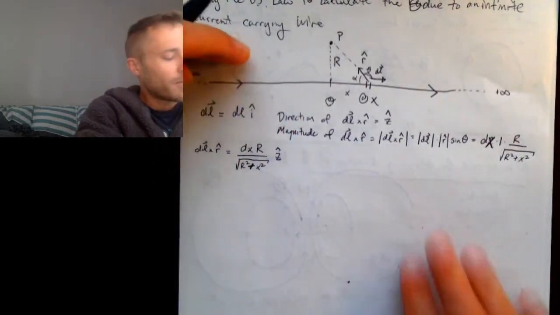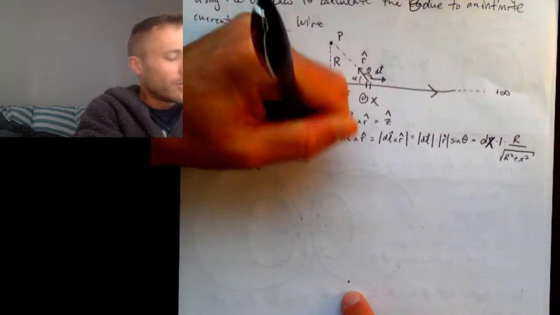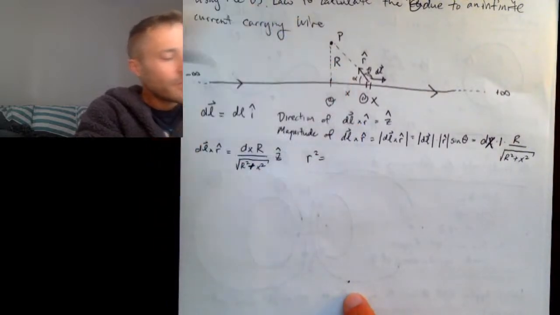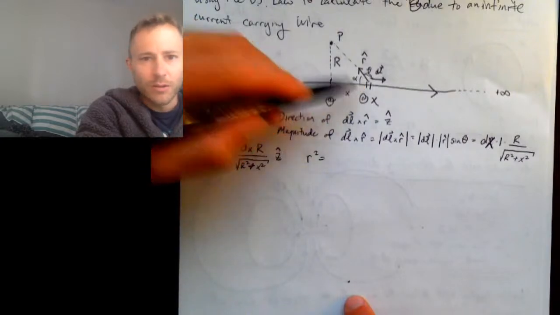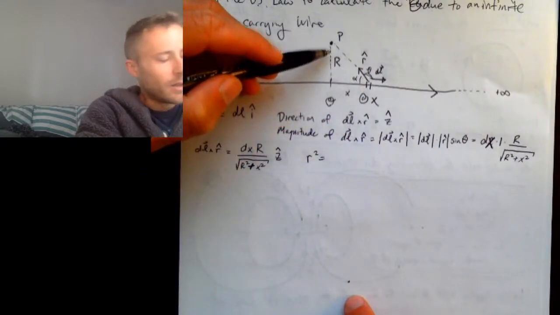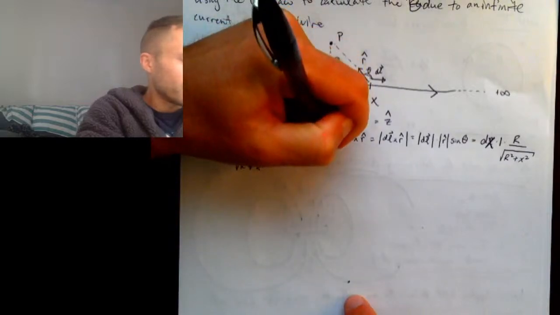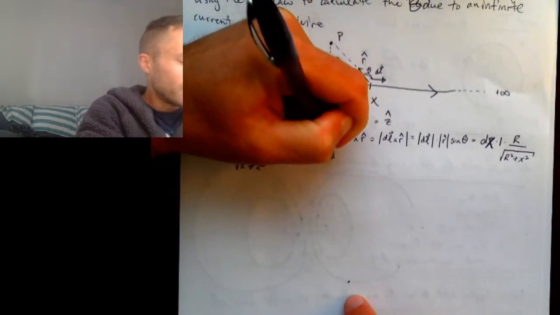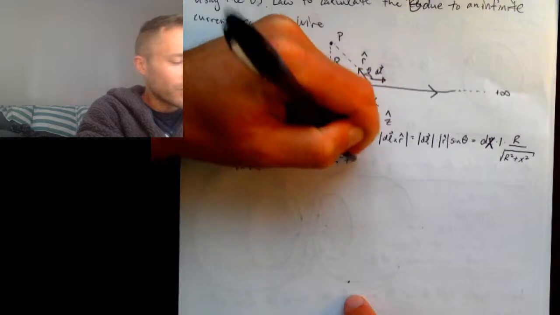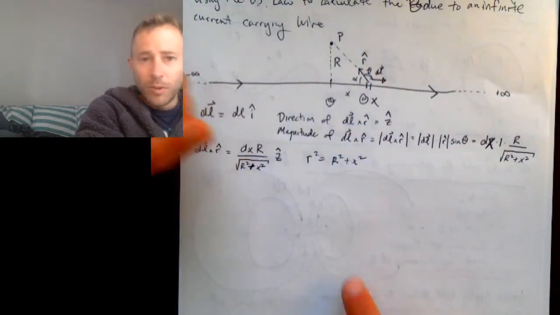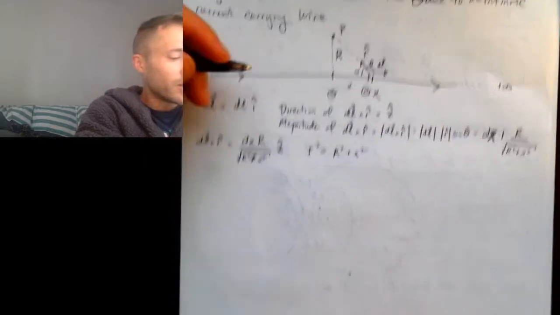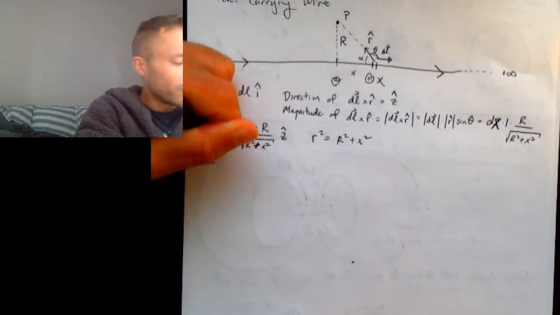So that's that part. Then we have little r squared, which is the distance from this little segment of wire to the point P. And again, that comes from the Pythagorean theorem. So it's just equal to r squared plus x squared. So now we know what these things are, so we can plug it directly into the Biot-Savart law.